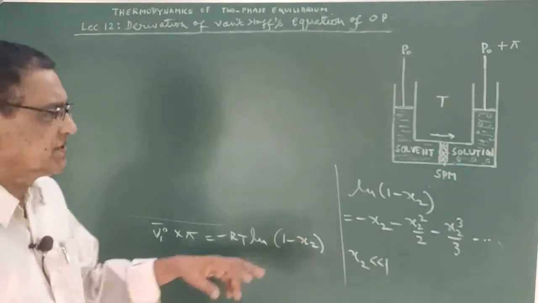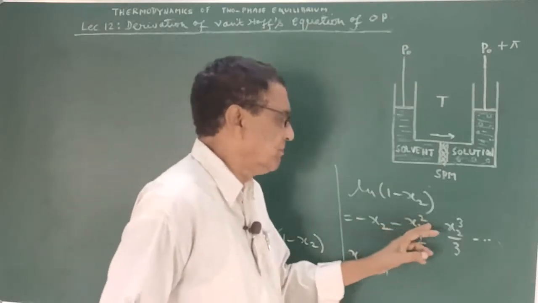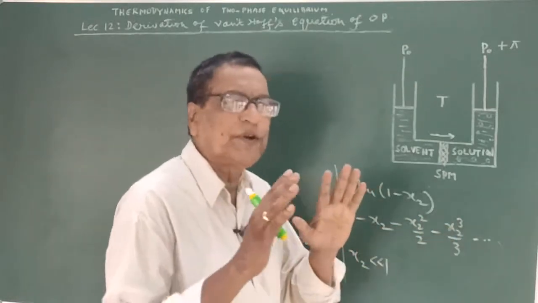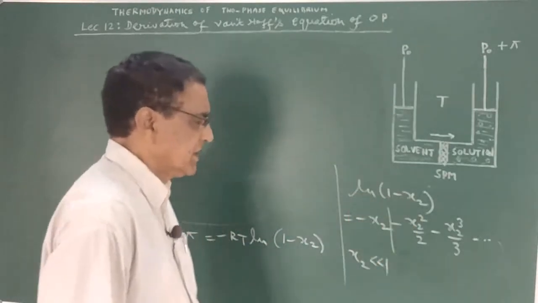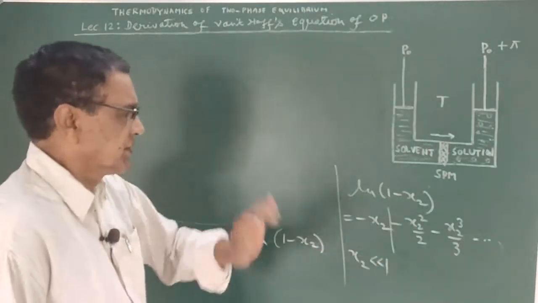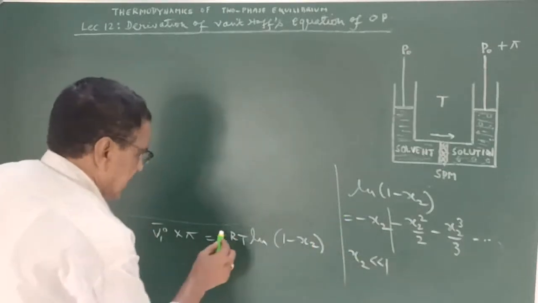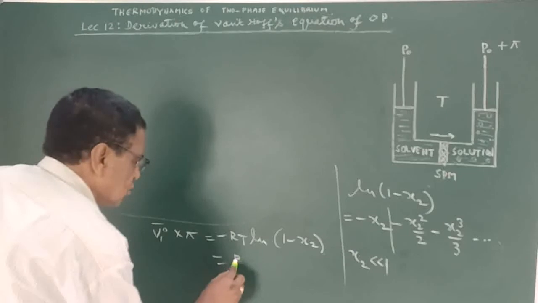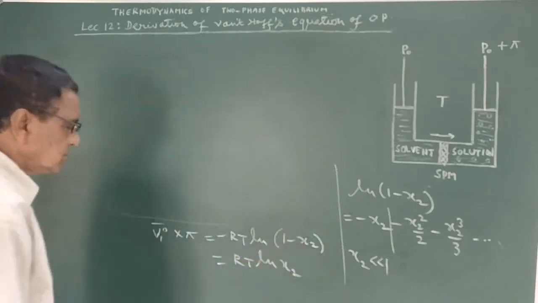Since the solution is dilute, x2 is much less than 1 and very small, so higher powers of x2 you can ignore. So you keep the series just after the first term. So this is RT x2.